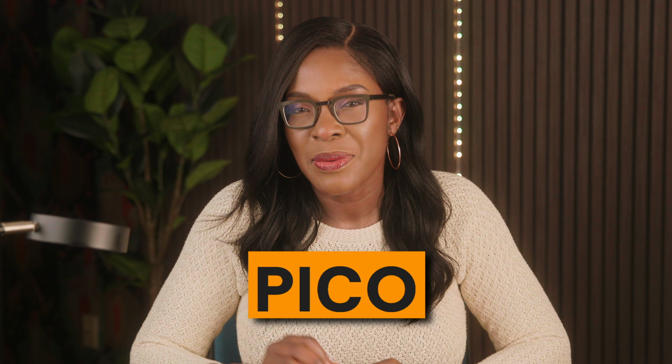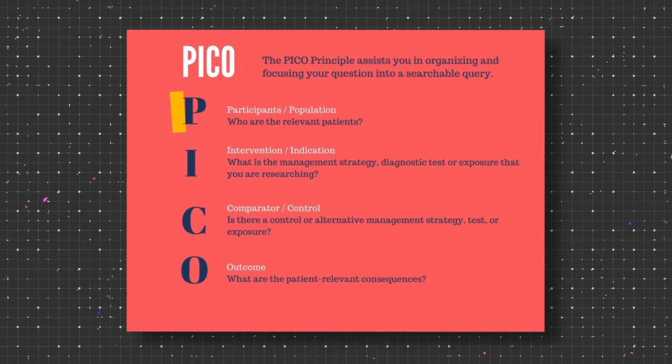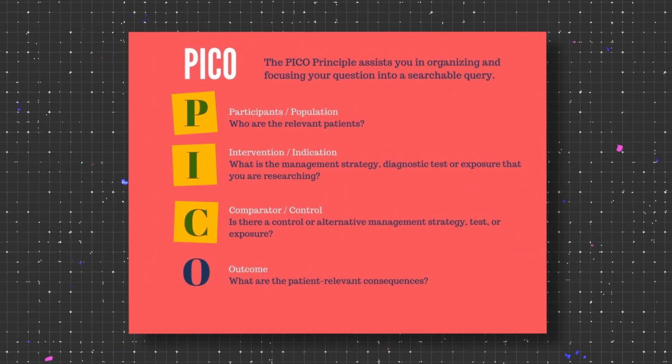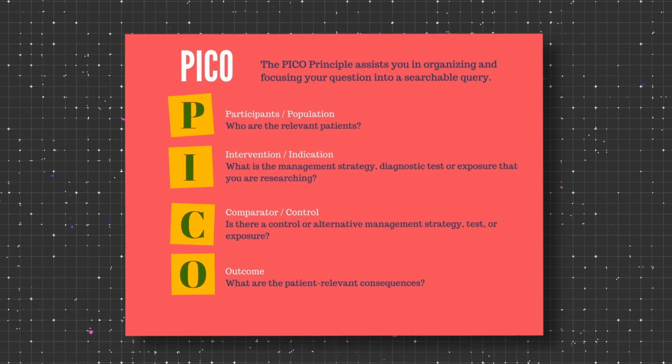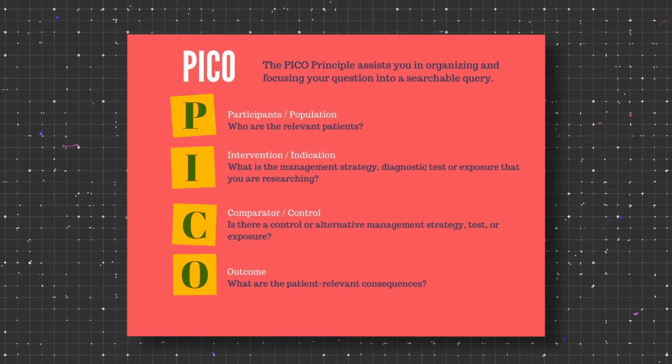A great way to make your searches even more effective is to use a framework, something like PICO. This is a simple tool to help you structure your queries and ensure you're asking for data that's focused and actionable. PICO stands for Population, Intervention, Comparison, and Outcome. This framework helps you break down your query into 4 key components.